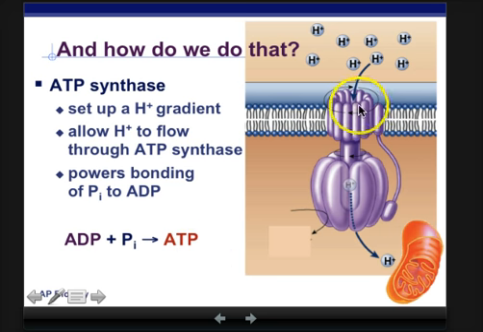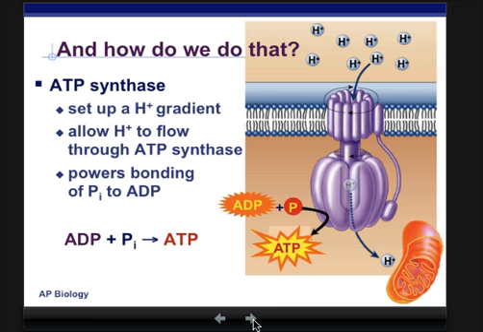Remember that ATP synthase is an enzyme. It's a little machine that converts ADP into ATP by bonding a phosphate to it. And there's our ATP.